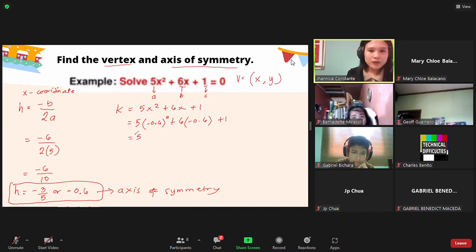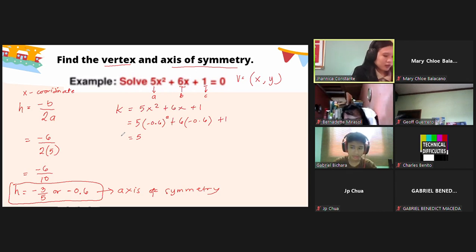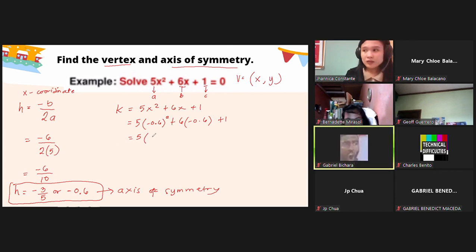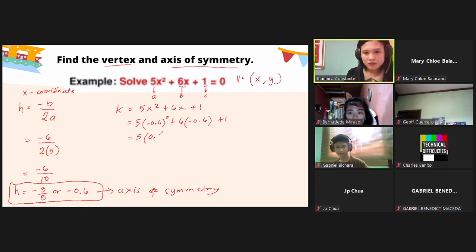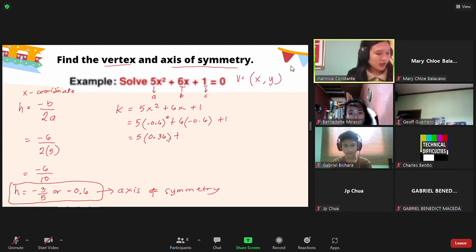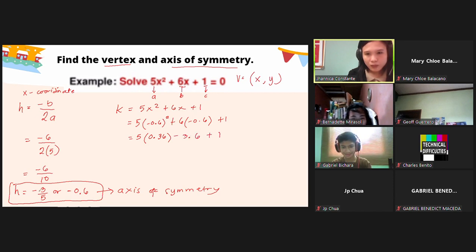So we have 5. Negative 0.6 squared is equal to what? 0.36, plus we have 0.6 times negative 6. We have negative 3.6 plus 1.